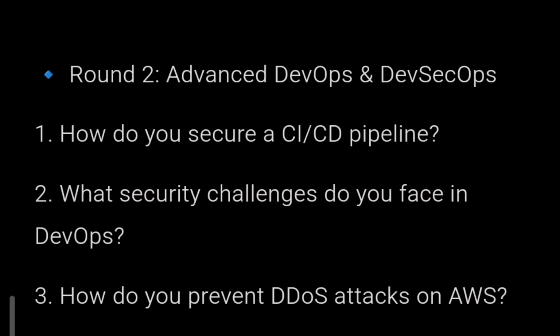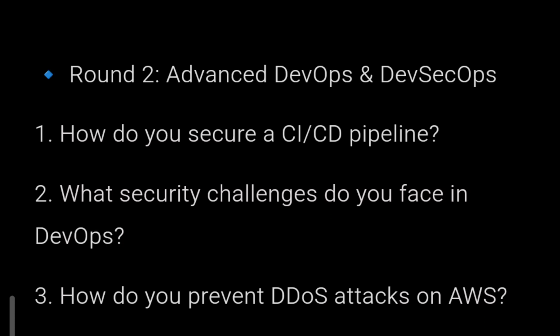Also, to make sure the CI/CD pipeline is secure, we need to use environment variables. If it is in AWS, there is AWS Secrets Manager, a secret management tool. Instead of hard coding the credentials, we can use that to store the credentials. And we can use some tools to integrate into our pipelines.